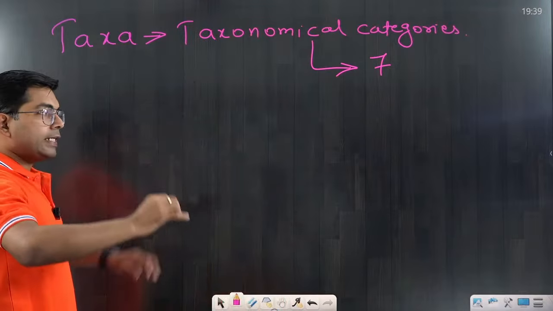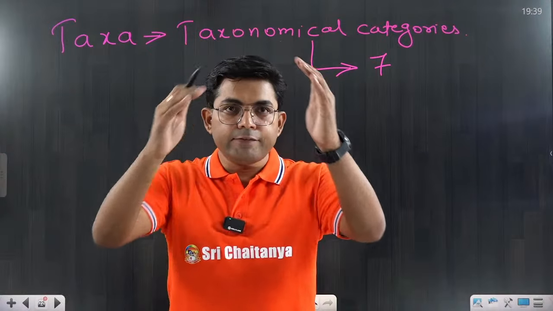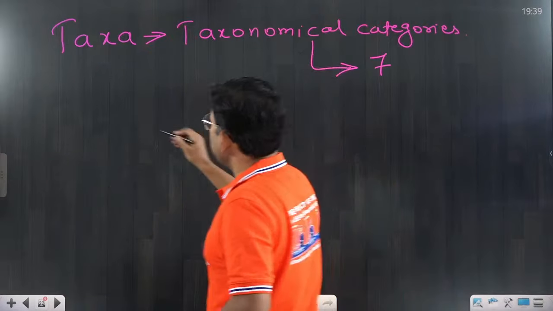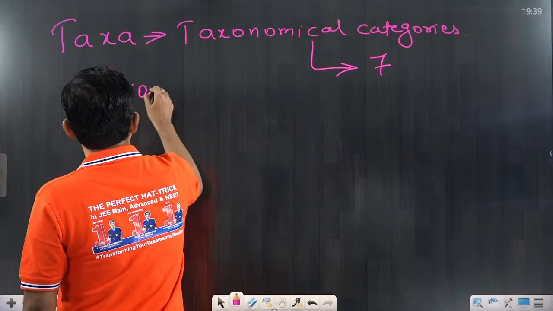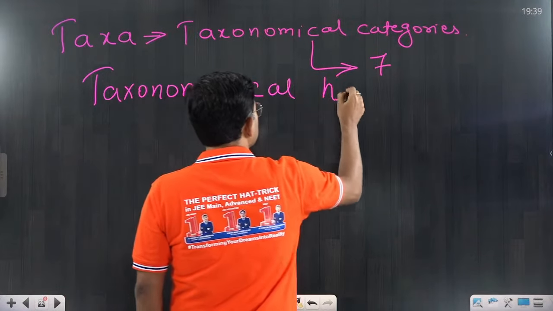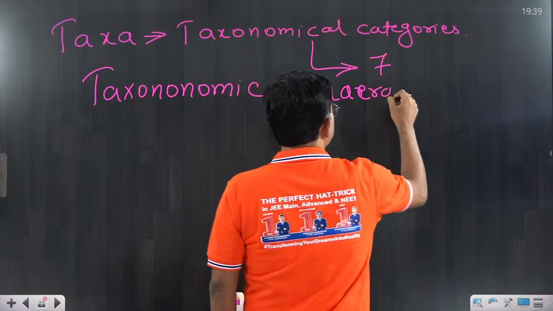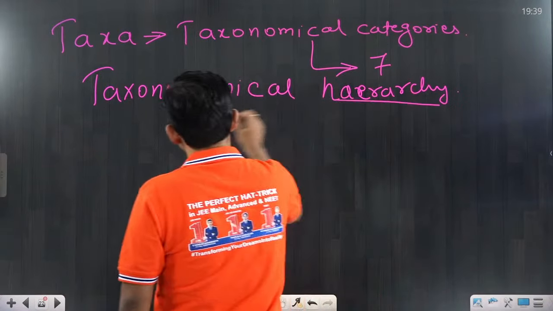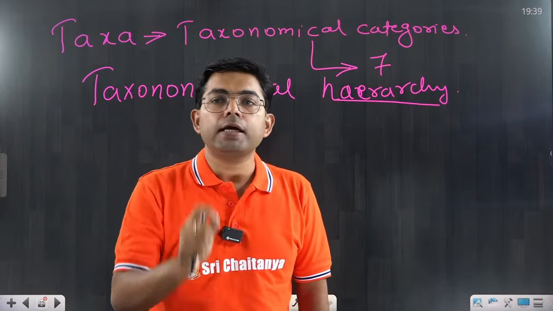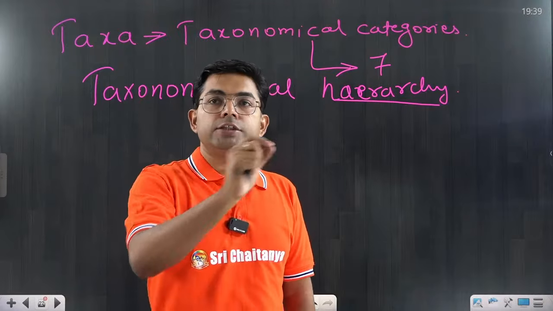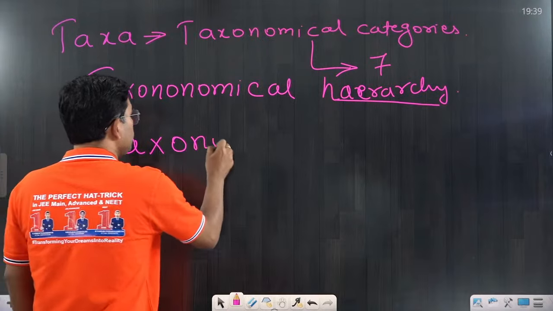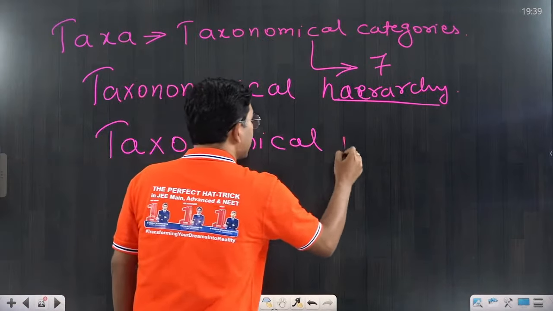Now if these 7 categories are arranged in a particular order, then they are called taxonomical hierarchy. When you arrange them in correct order, the taxonomical hierarchy arranges all these groups into a rank. So from here a term comes, taxonomical rank.